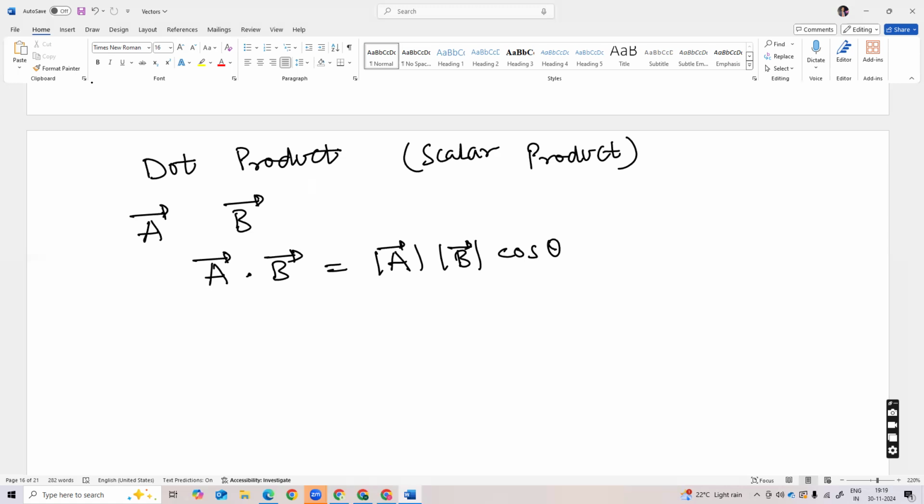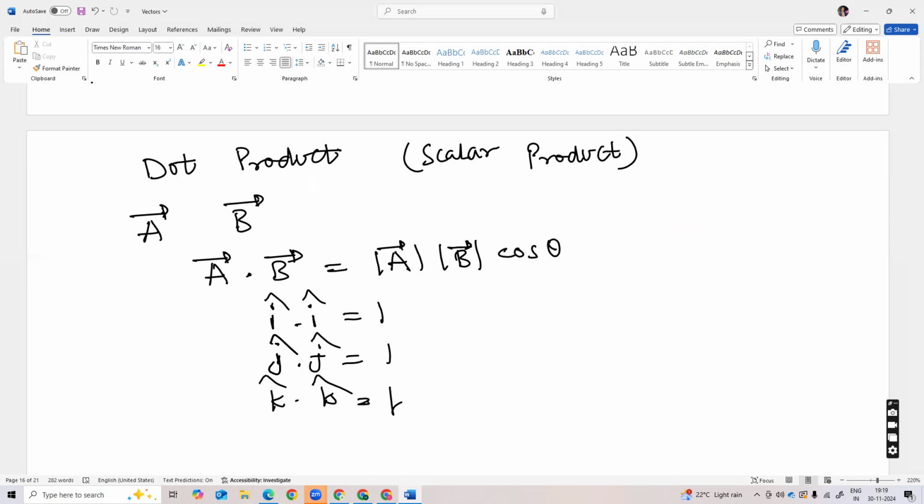A few things you should notice: the dot product of unit vectors in the same direction is equal to 1.